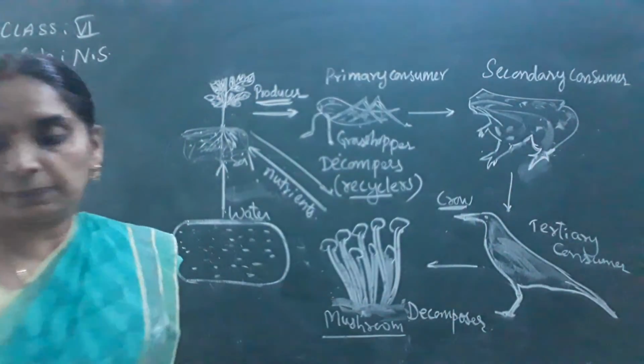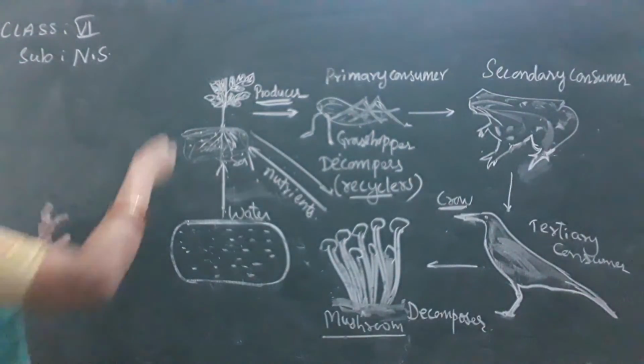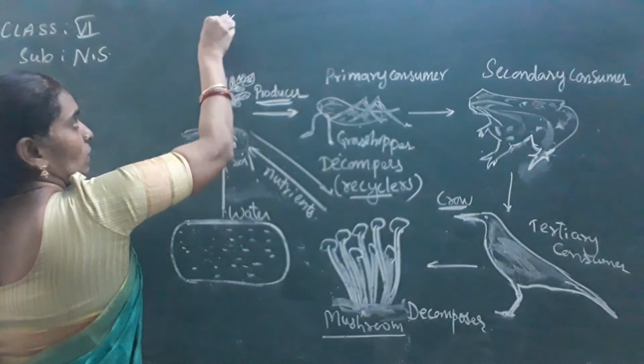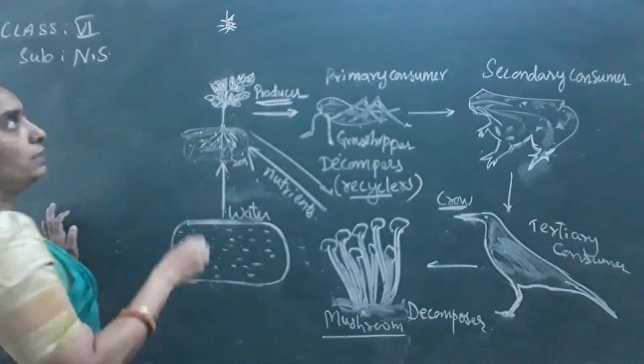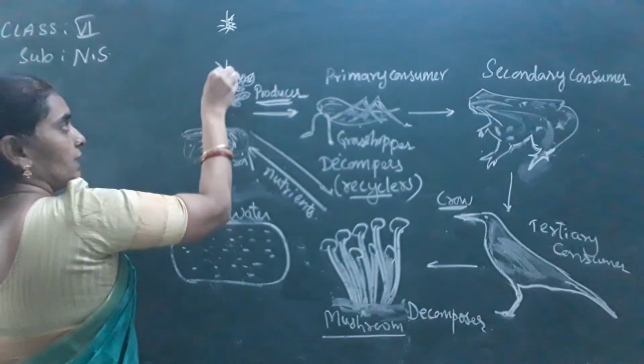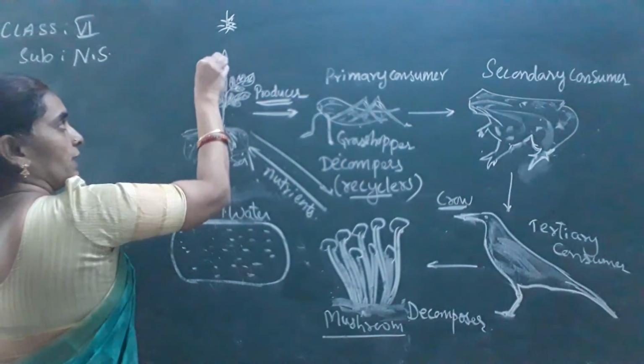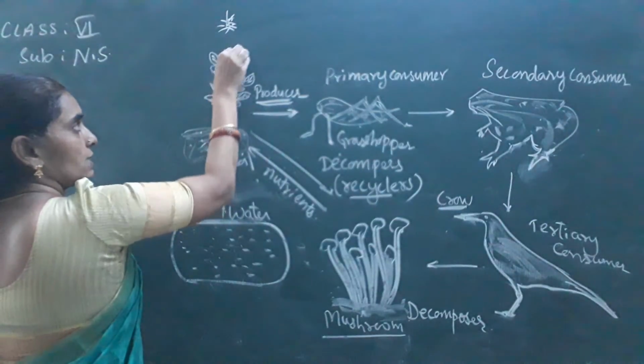What is food web? In fact, this is the solar energy. You know well, this is the plants. Plants are eaten by the different animals, isn't it?